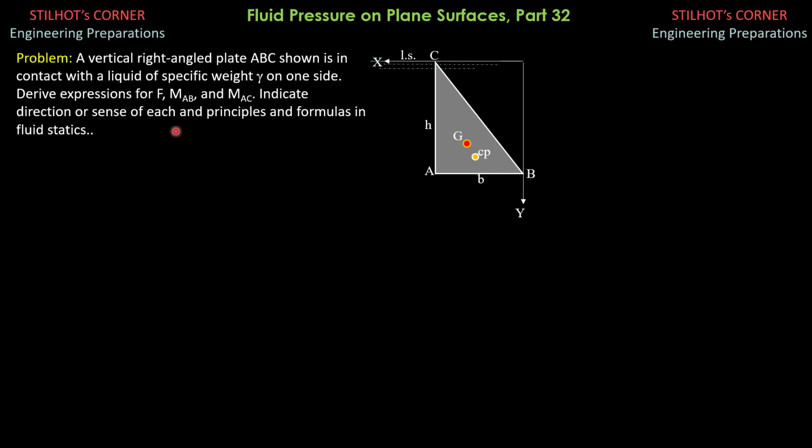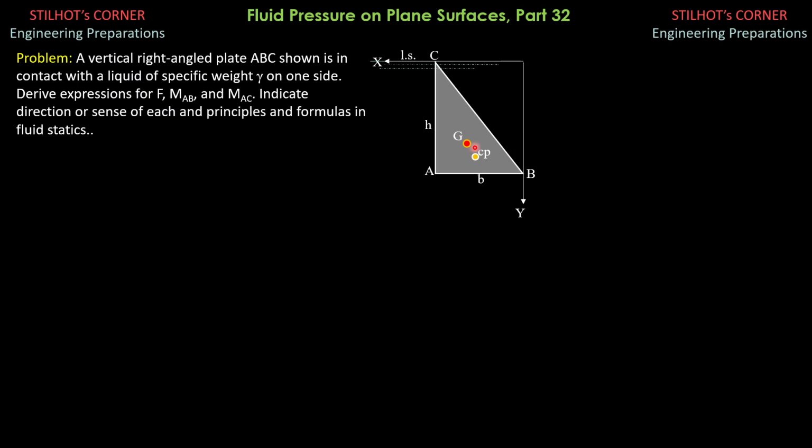And for the derivation, you have to go to the principles and formulas derivations for fluid pressure on plane surfaces in fluid statics, which is found in this playlist, also in the playlist Fluid Mechanics and Hydraulics.